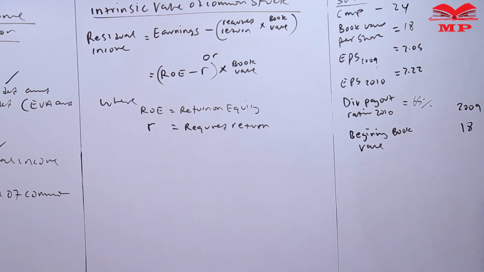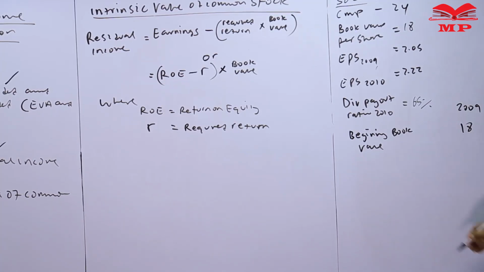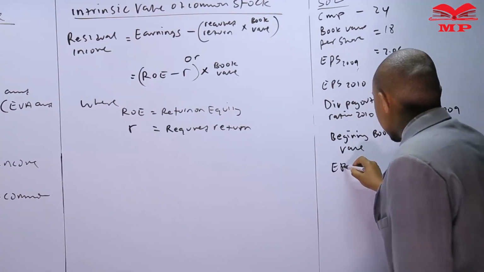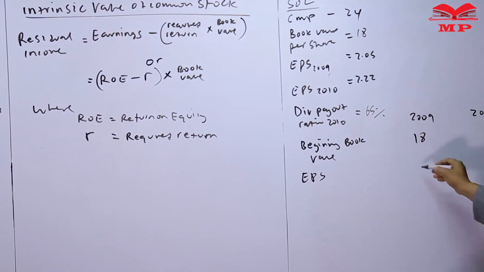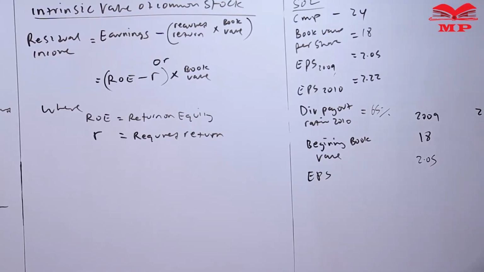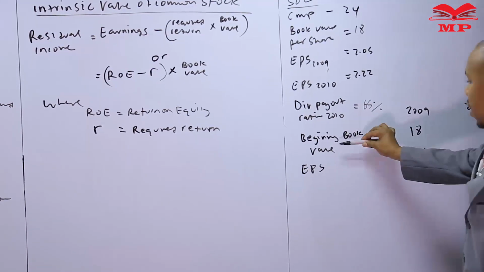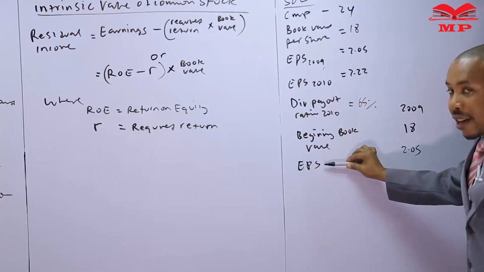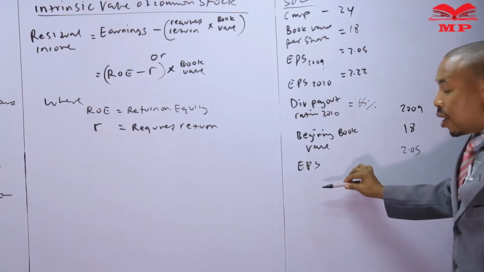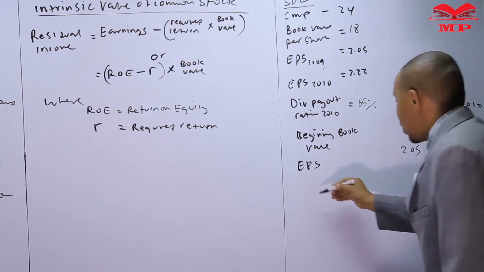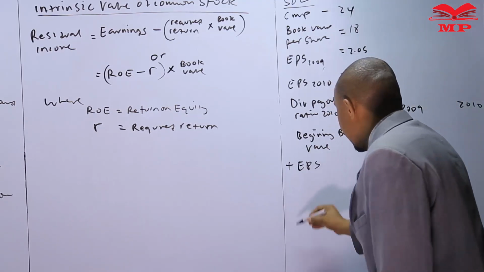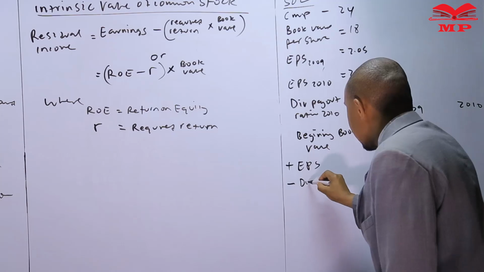We also need to include the earnings; the EPS for 2009 we have as 2.05. The beginning book value, you add the EPS for the current year and you less the dividends, which should give us the forecasted book value. So we add the EPS and we less the dividends.